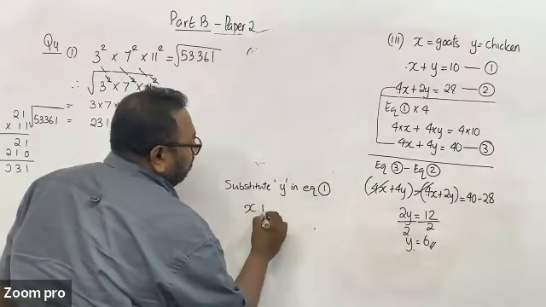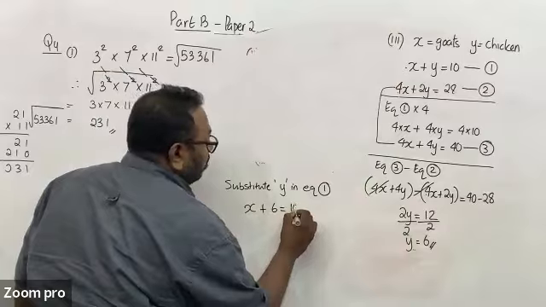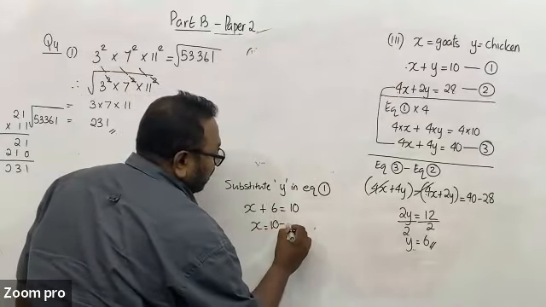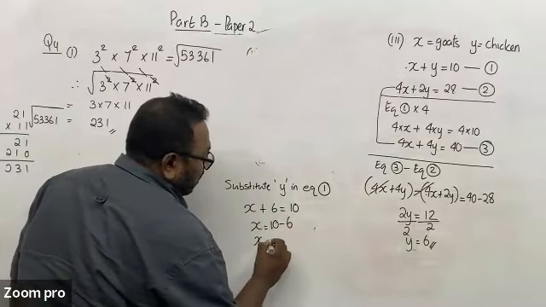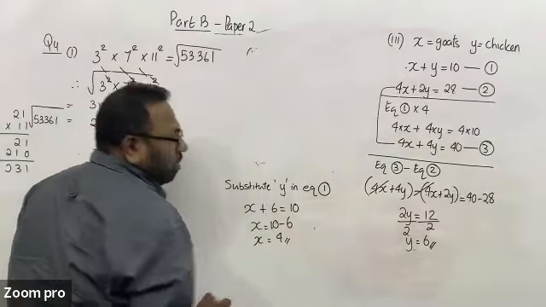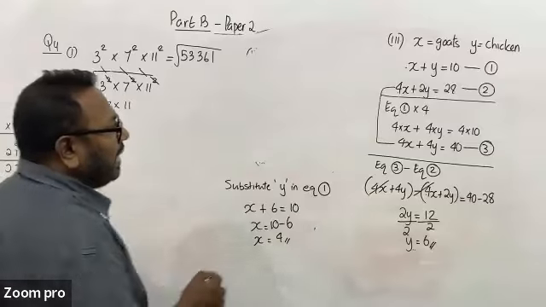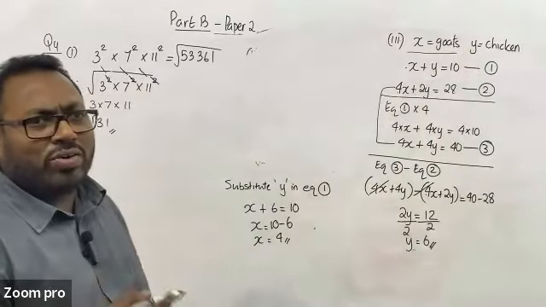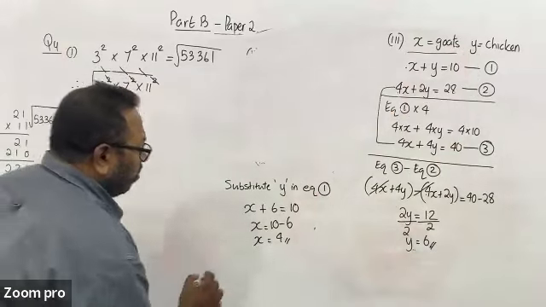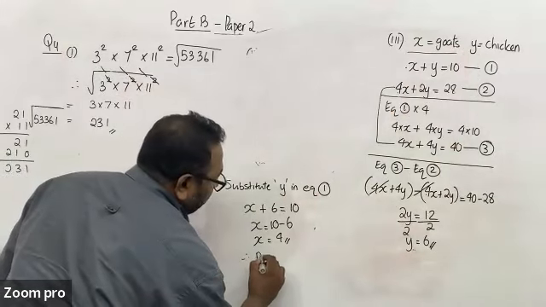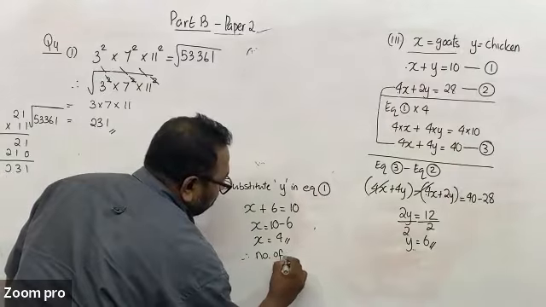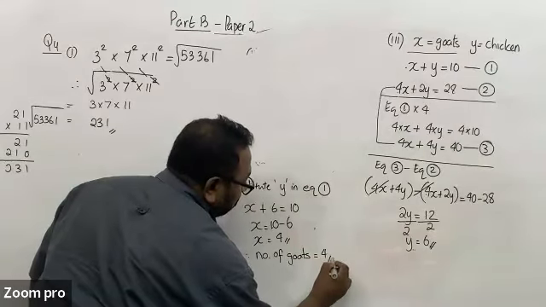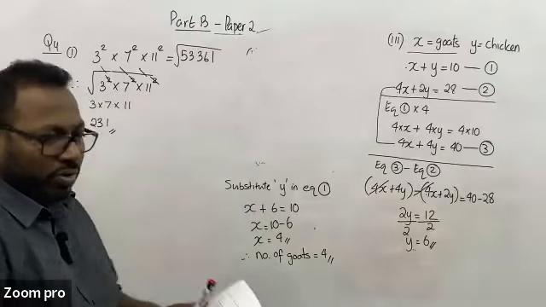So x plus 6 is equal to 10. x therefore is 10 minus 6. x is equal to 4. Right? What is x? The number of goats. That is the question. They are asking you how many goats are there. Therefore, number of goats is equal to 4. Okay.